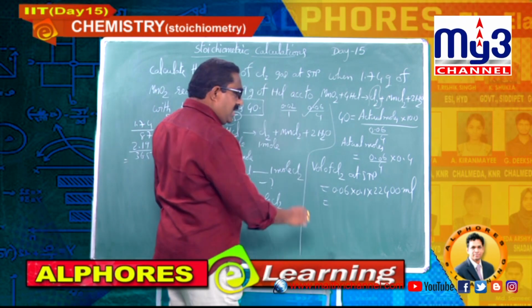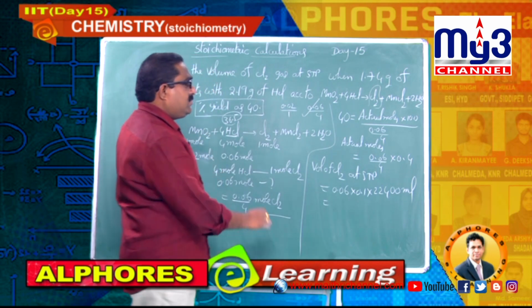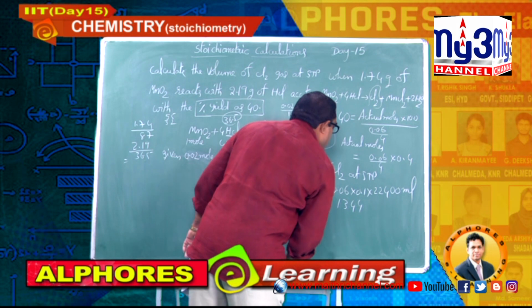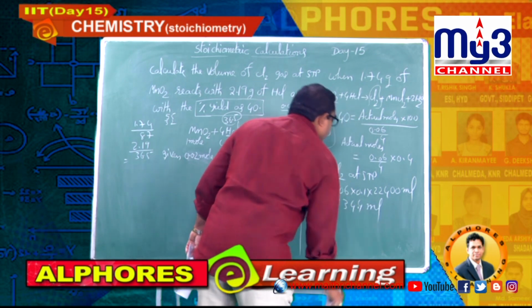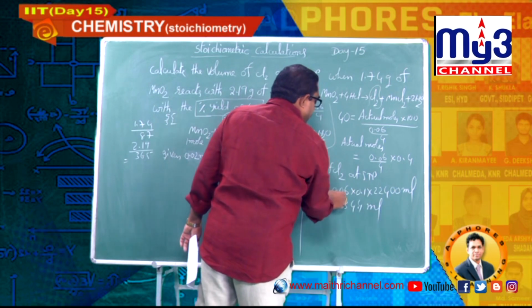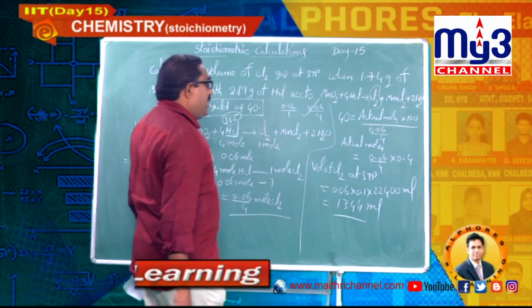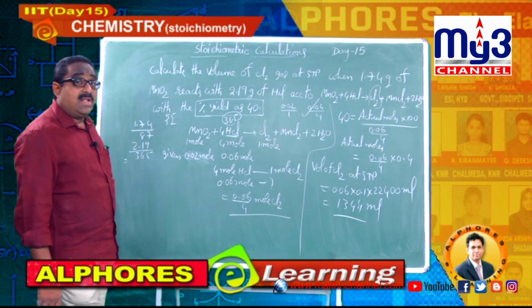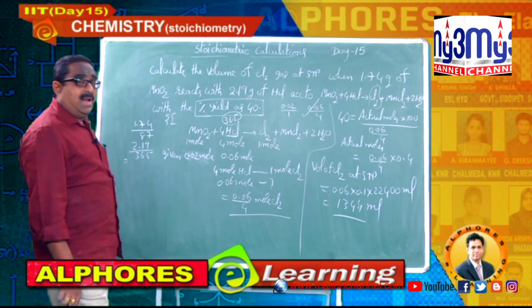So do the calculation for 6 into 224. So I think 1344. So 134.4 ml you will get, because 10 will go for this and 0.6. Okay. So finally the volume of chlorine at STP you will get as 134.4 ml.